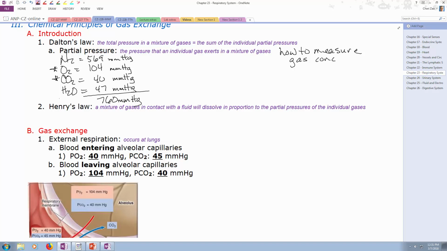And so with these laws, we can assume a lot of things about the concentration of the gases in the liquids and in the various areas that it's going to actually be transmitted to. So this is all about equilibrium or concentration of gases in blood, the liquid part, and interstitial fluid.